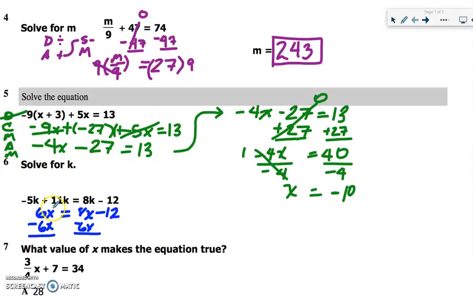So 6k minus 6k makes a zero pair. I'm left with 0 on the left equal to 8k minus 6k, which leaves us 2k minus 12.